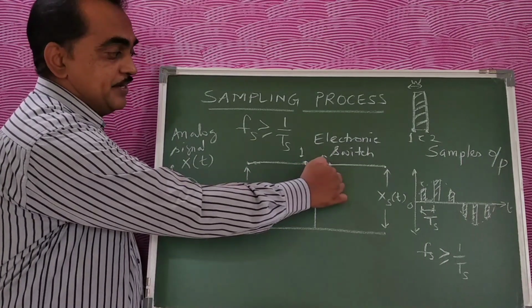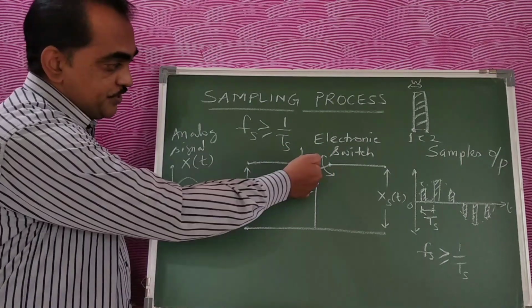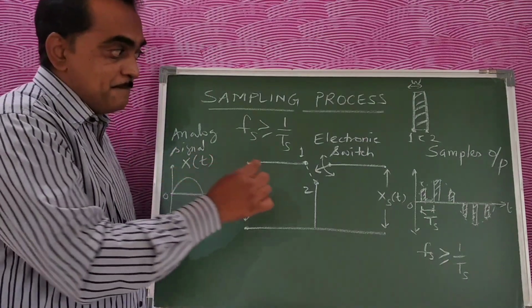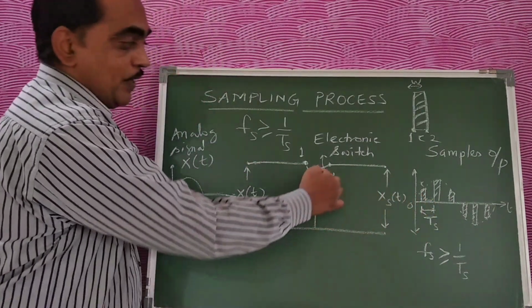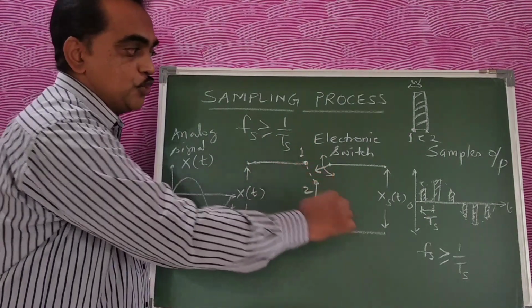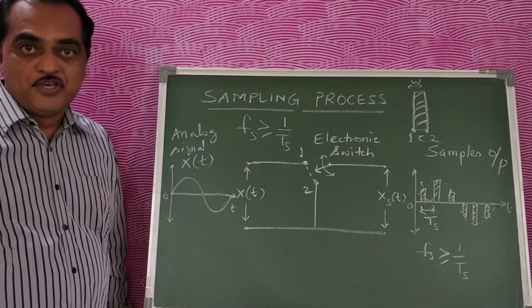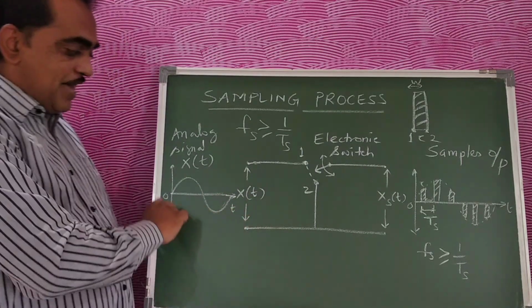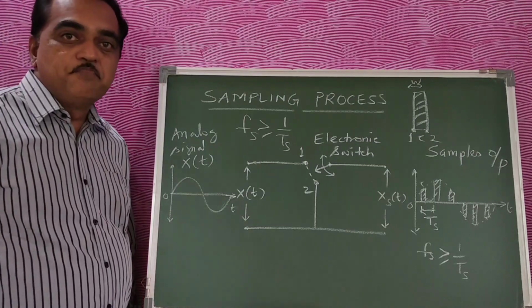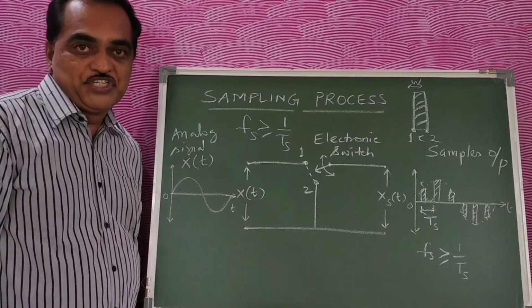But once it comes to point 2, the width of the pulse is over. So the sample comes out only when the switch is connected to point 1. When the switch is connected to point 2, there is a gap between the samples. Okay, so this is how an analog signal is converted into samples by a simple process of electronic switch.